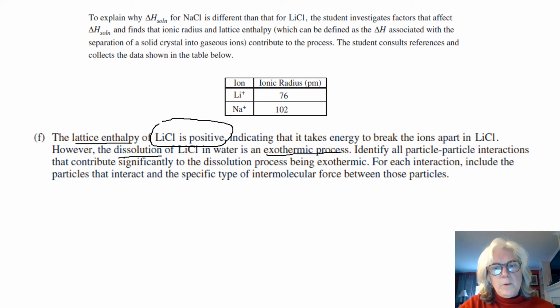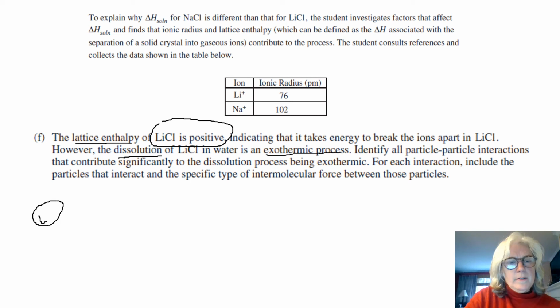The first thing they want you to do is include the particles that interact. Before I start, I've got these salts with my lithium and chlorine, and I'm just going to draw two. So I've got my lithium ion and my chlorine ion.